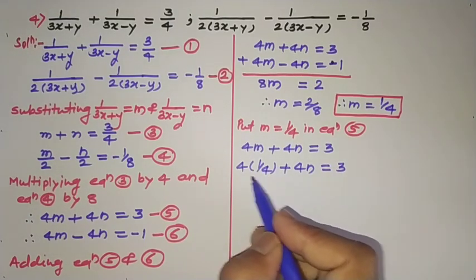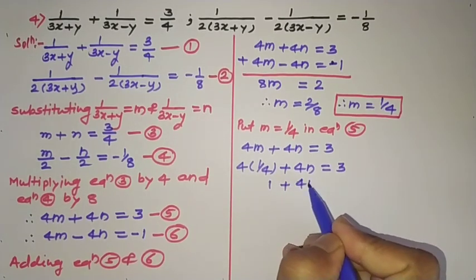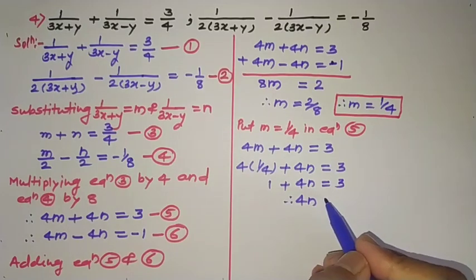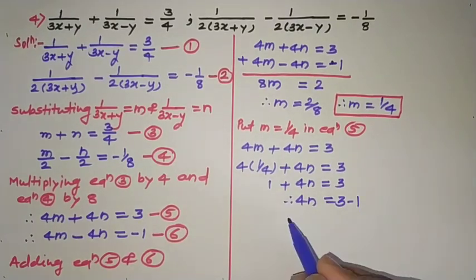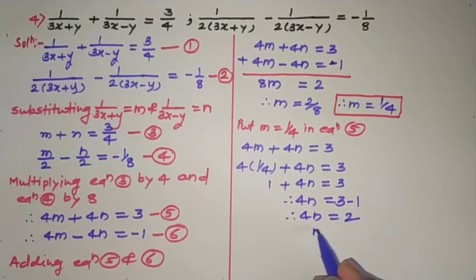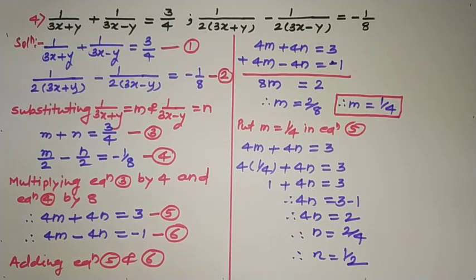Therefore 4 cancelling, remaining 1 plus 4n is equal to 3. Therefore 4n is equal to 3 minus 1, 4n is equal to 2. Therefore n is equal to 2 upon 4, and the value of n is 1 upon 2.